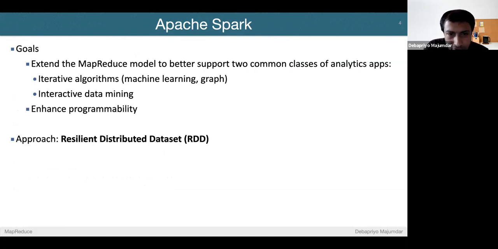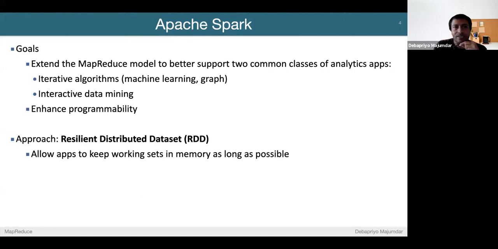Well, it will still be distributed, but a lot of things it will handle by itself. We'll call them RDDs. It will allow applications to keep the working sets of data, whatever it is working with at that point in time, in memory as long as possible.